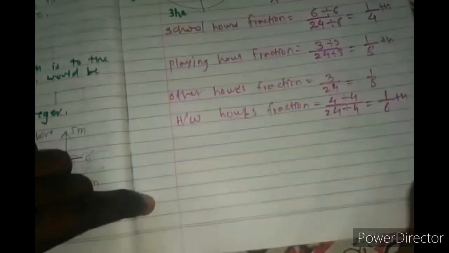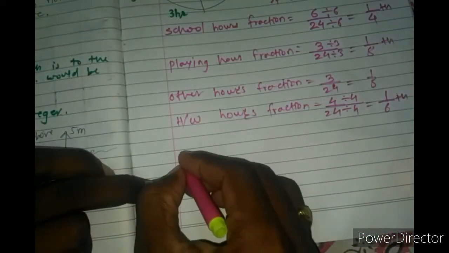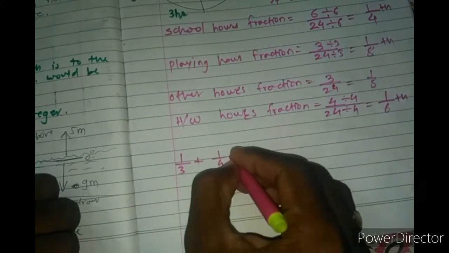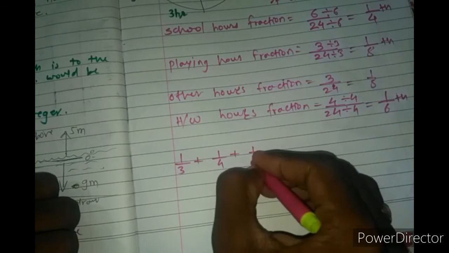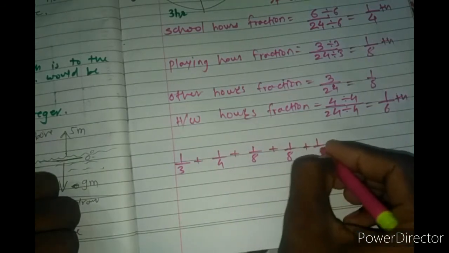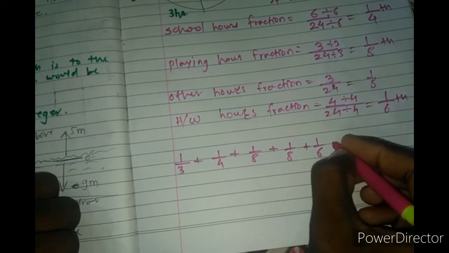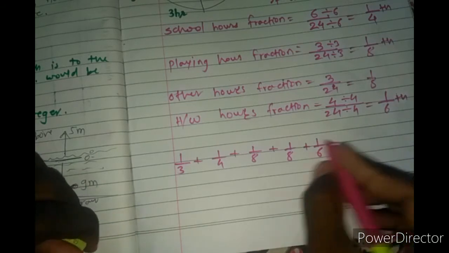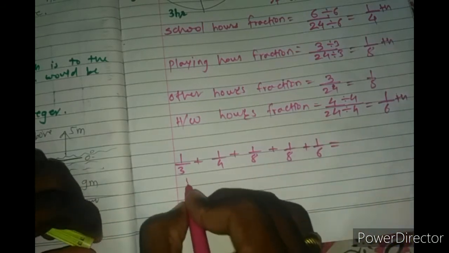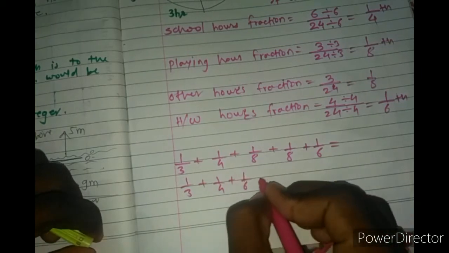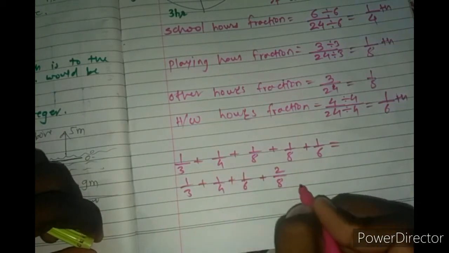So it would be 1 by 6. So what is our observation after finding all these parts? If you sum all these fractions, 1 by 3, 1 by 4, 1 by 8 plus 1 by 6, let's find what the total is, right? Here you will find 2 by 8 and 1 by 6, and here is 2 by 8.